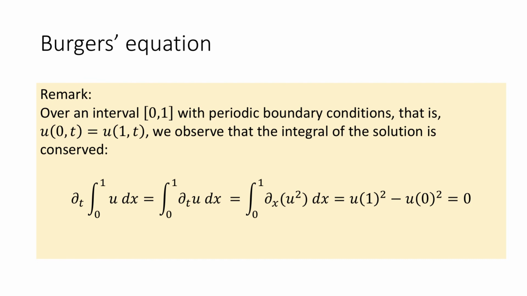But now, because we have periodic boundary conditions, that equals u(1) square minus u(0) square, which equals 0. So we can tell from the conservation law that the integral of u remains constant over time.